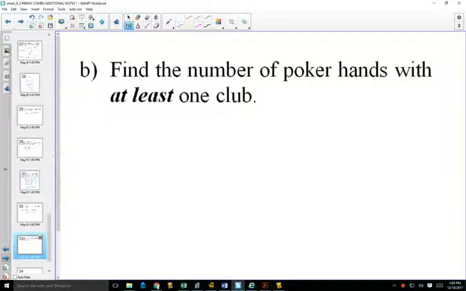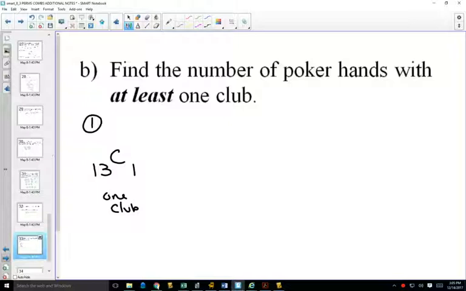Okay? So here is strategy number 1. I need to have at least 1 club. So what I do is I take the 13 clubs that I have and I choose one of them at random. 13 choose 1. This will give me 1 club. I then take the rest of these 12 cards, put them back in the deck, and mix it up.